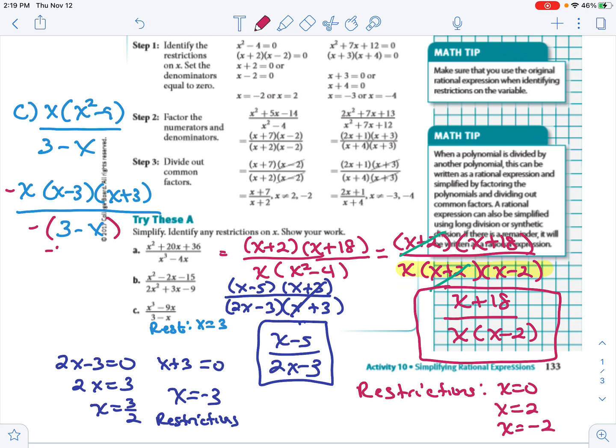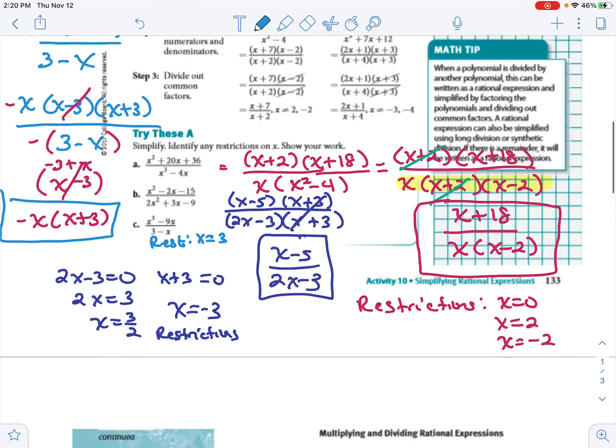So -3 plus x is the same as x minus 3. Okay, so as long as you have the negative on top, you're good. So now the x minus 3's are gone. And we actually end up with -x times x plus 3. And that would be our final answer. And then, of course, our restrictions are written there as well.